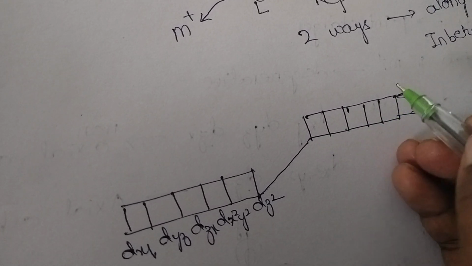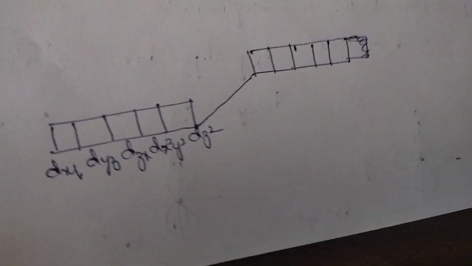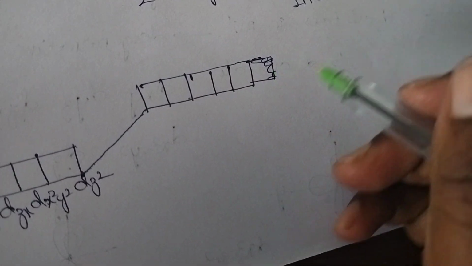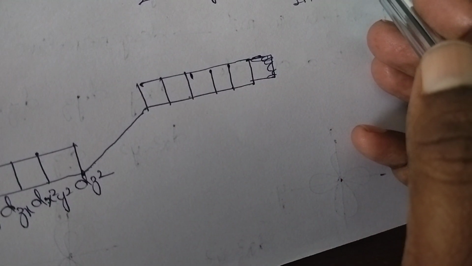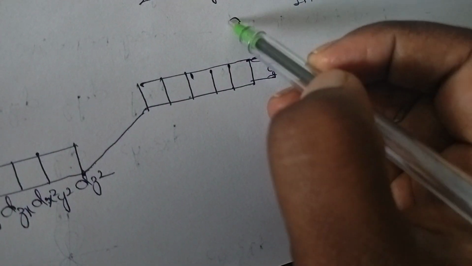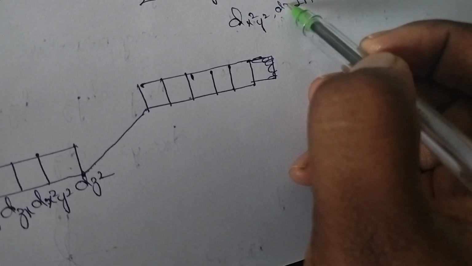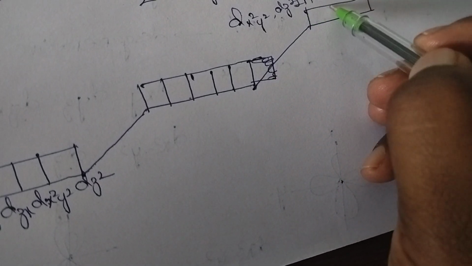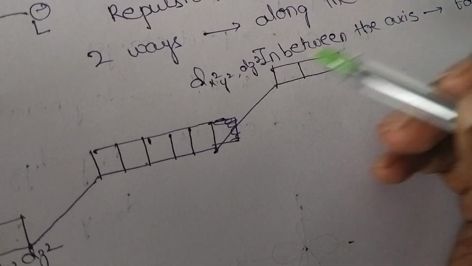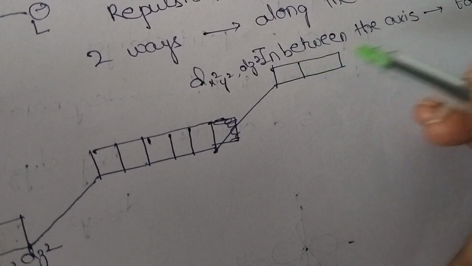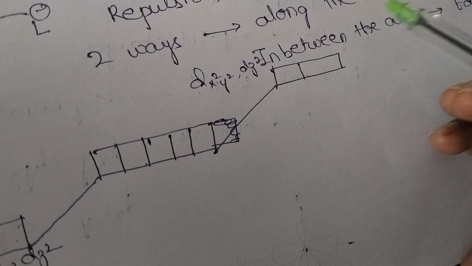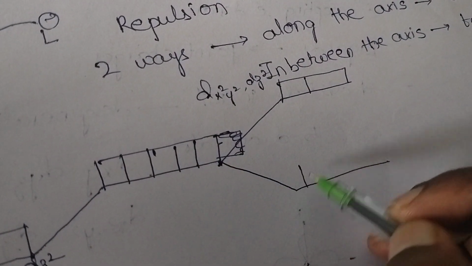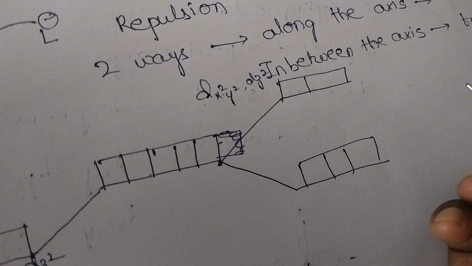If the ligand approaches along the axis, only the axial orbitals, dx square minus y square and dz square, will increase in energy. In case of octahedral, because the ligands approach the metal ion along the axis, only the axial orbitals' energy will increase and the non-axial orbitals' energy will decrease.